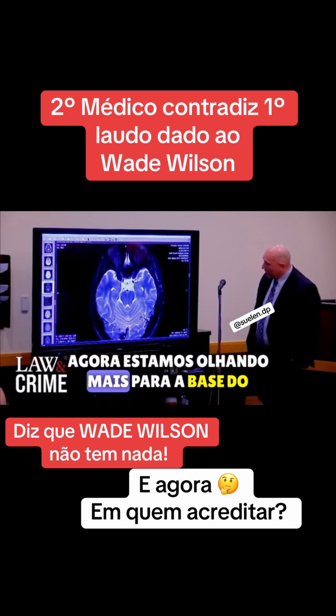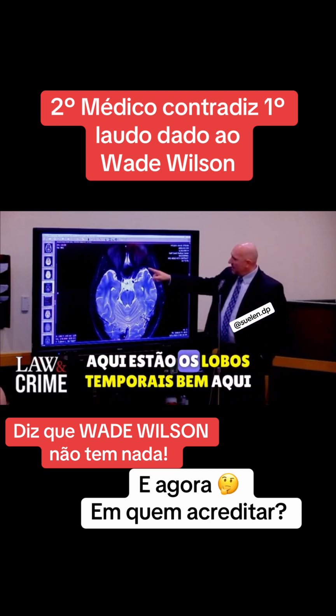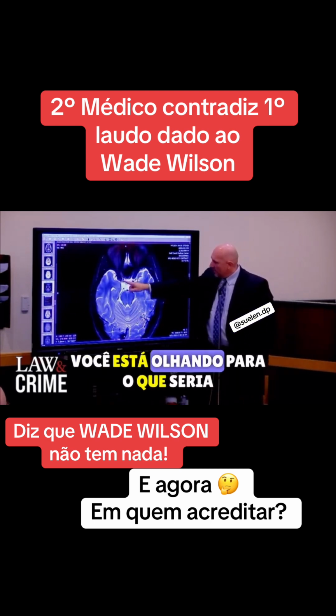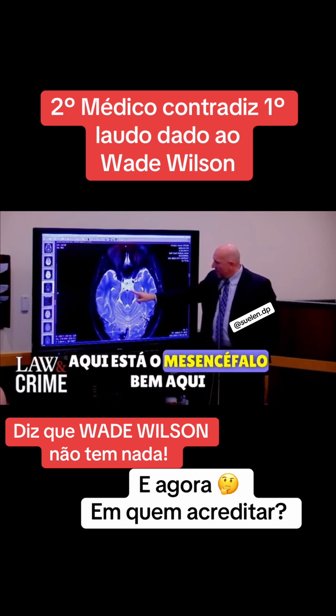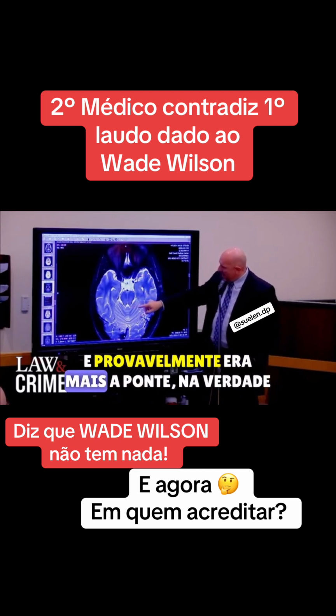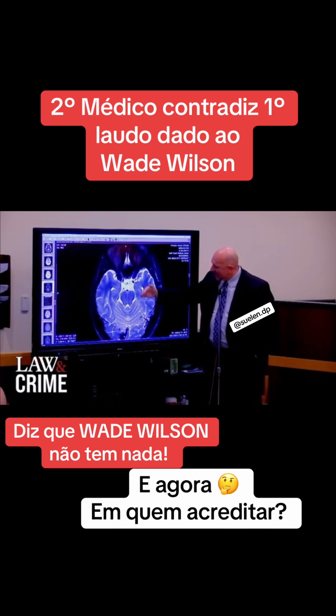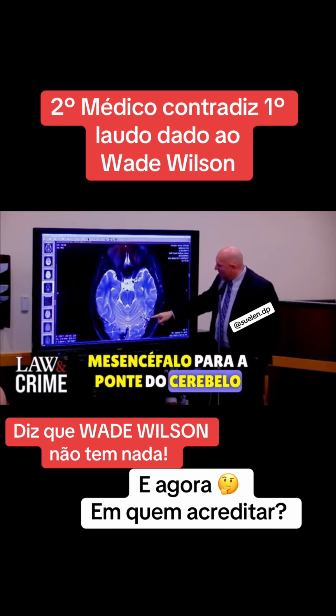Sure, now we're looking more towards the base of the brain. Here's the temporal lobes right here. Here's the midbrain right here, and it was probably more pons, actually, midbrain to pons, cerebellum.